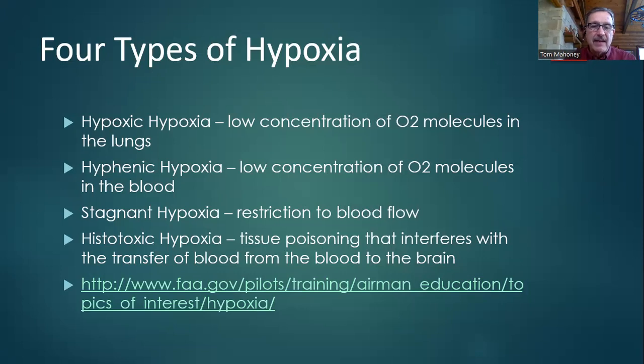There is hemic hypoxia. That is a low concentration of O2 in the molecules of the blood. Even if there's enough oxygen in the air, we might not be able to get enough oxygen into our cells. A case of this would be of concern to pilots when we are getting carbon monoxide.